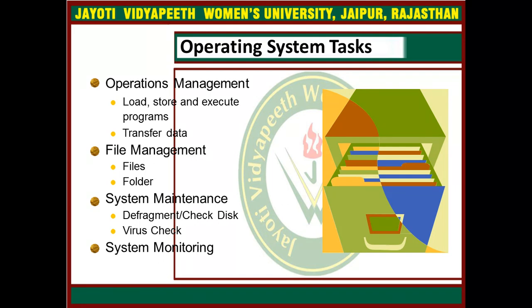This is all about the system maintenance. And the last is system monitoring. When you are doing these things, of course there is some sort of monitoring during your tasks, or you can say during your processes, and it is continuously working in the background.